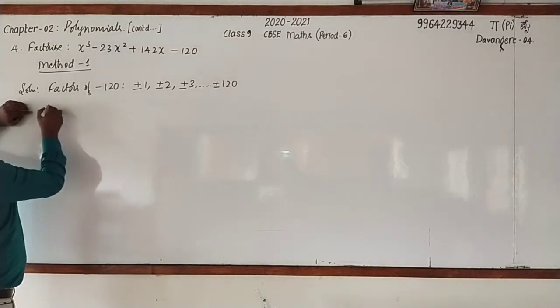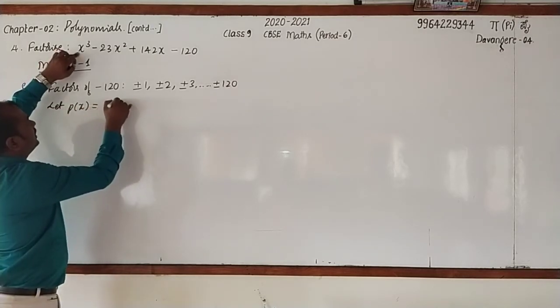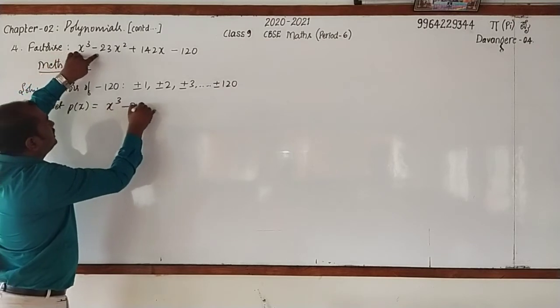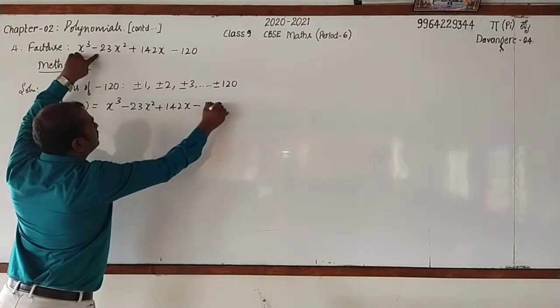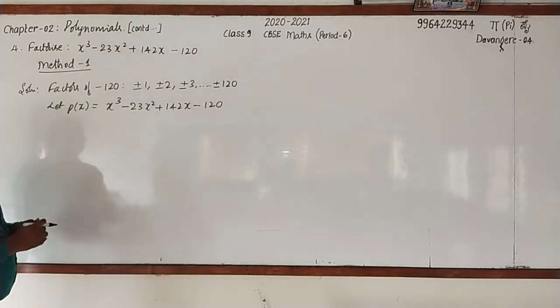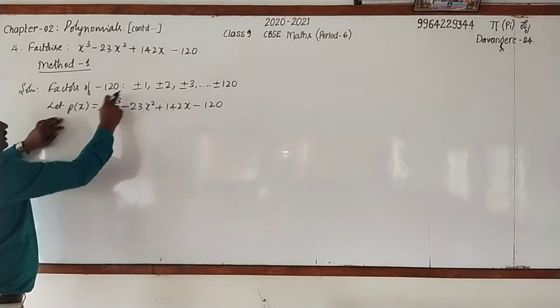Look here. By trial and error method, first I consider the given polynomial as p of x. P of x equal to x cube minus 23x square plus 142x minus 120. Observe. I go for taking first 1 in place of x.